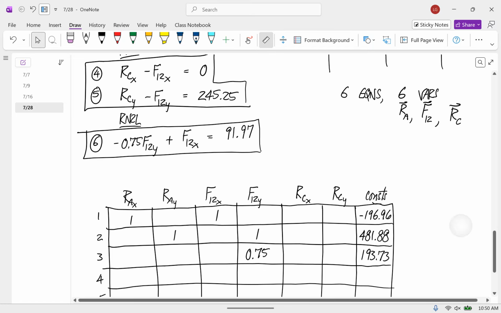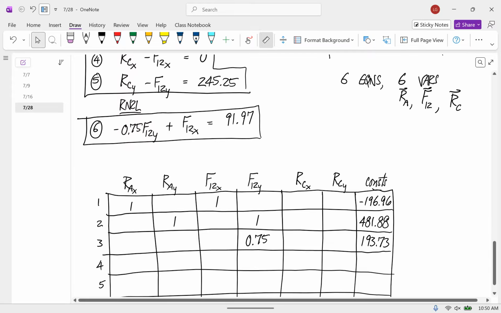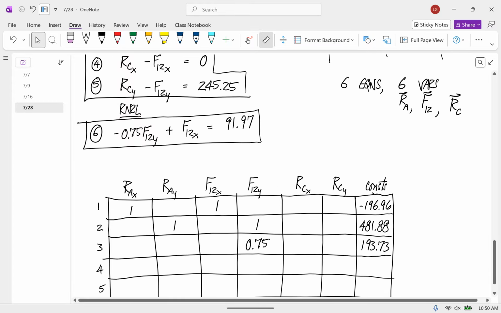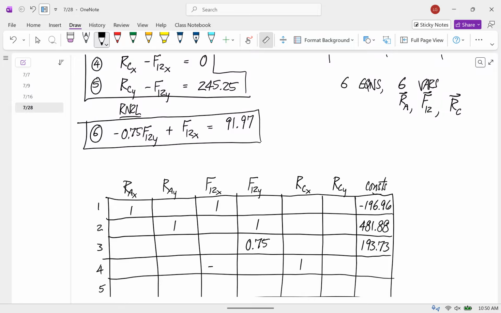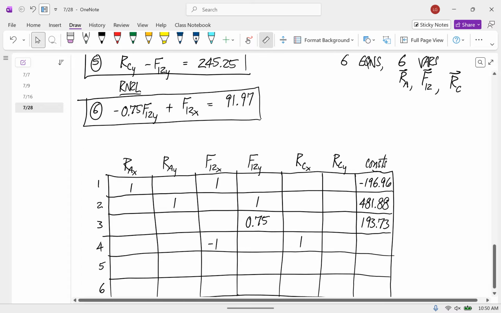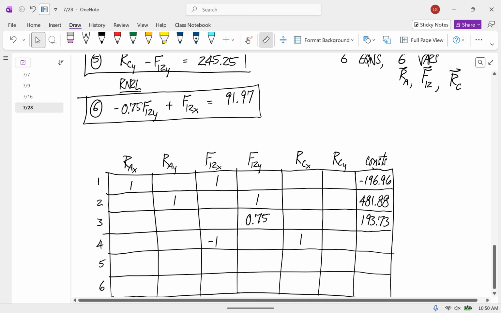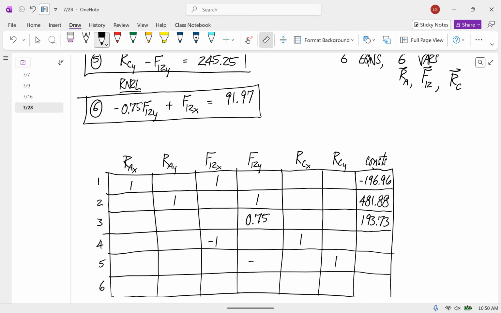Then equation 4, RCX's, we have 1. F12x's, we have -1. Then for equation 5, RCY's, we have 1. F12y's, we have -1. You can see that shifted over pattern again there.